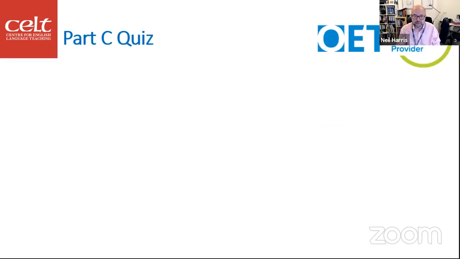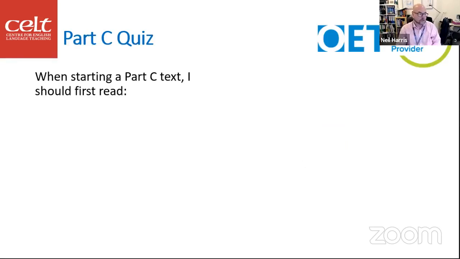Okay, so moving on, I've got a question for you. It'll appear on screen in the next few seconds, but it's a quiz which reviews what we've just been looking at, a key point here. When you're doing a Part C text question, what should you read first? Should you read the text or should you read the question stem?